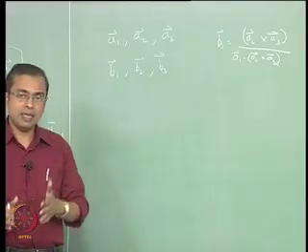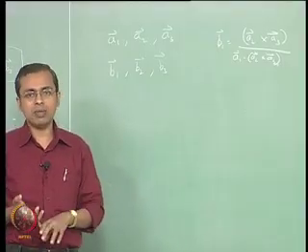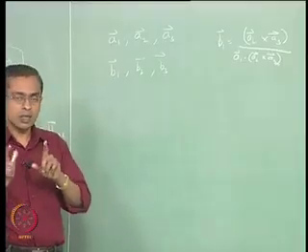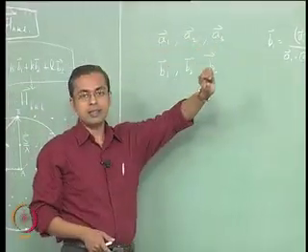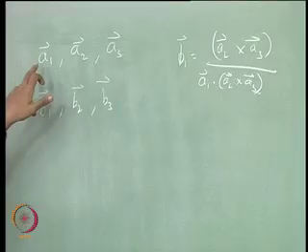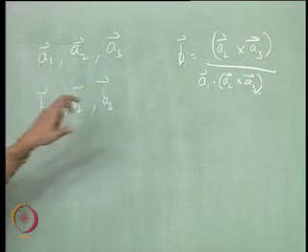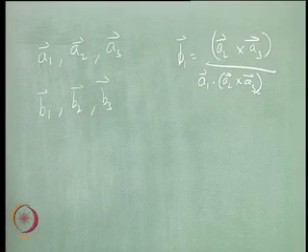A real material may have one of several structures; illustratively we look at simple cubic, face centered cubic and body centered cubic. That is what is described by A1, A2 and A3. When you say something is simple cubic, correspondingly there will be an A1, A2, A3. If it is FCC, it will have its own A1, A2, A3, and BCC similarly.